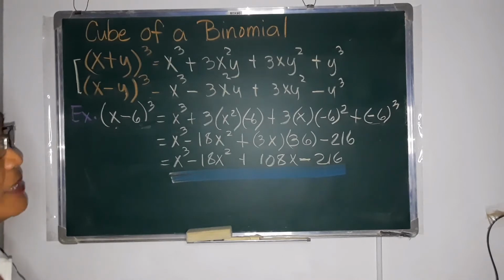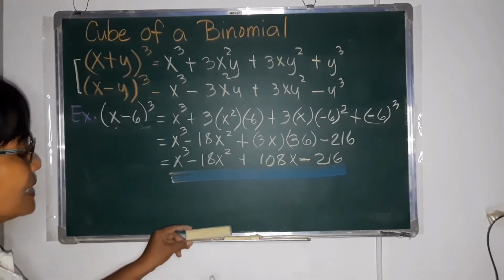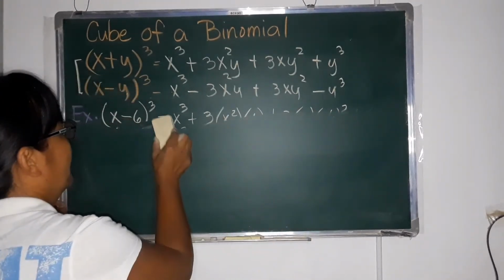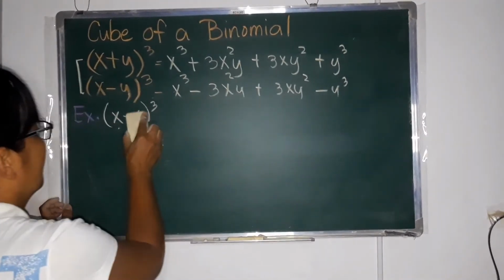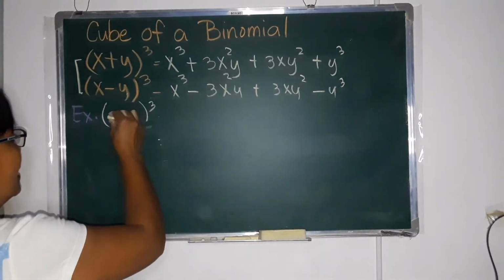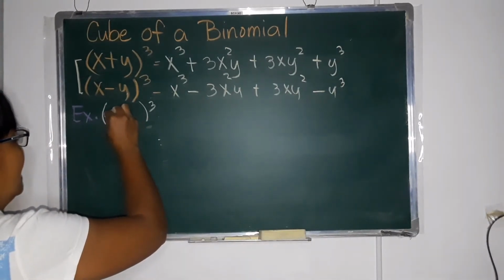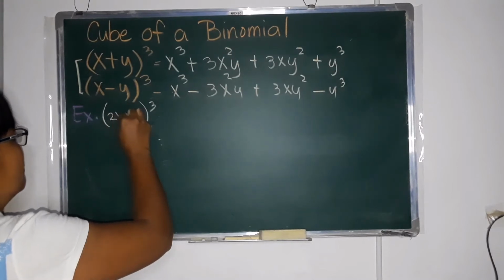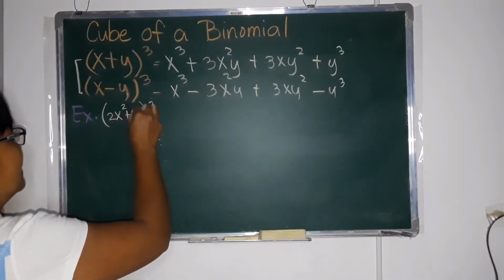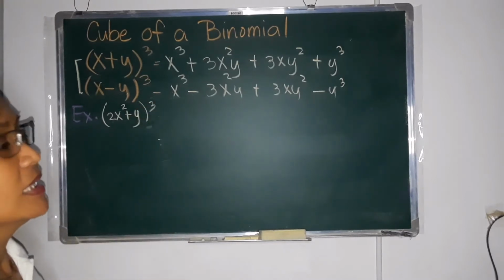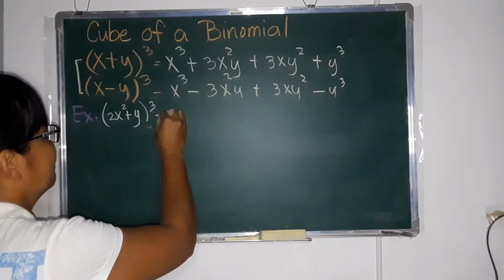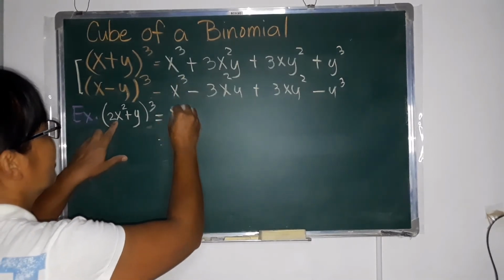So, para maunawaan pa ninyo, bibigyan ko pa kayo ng isa pang halimbawa. So, how about (2x squared + y) cubed. Okay, so let's proceed. Follow the same step. Cube the first term.